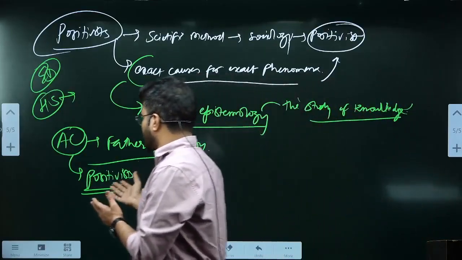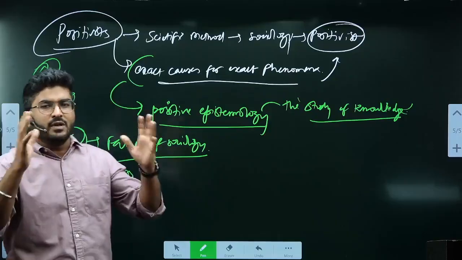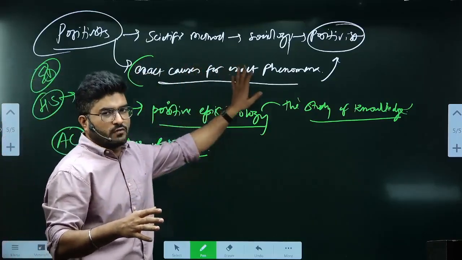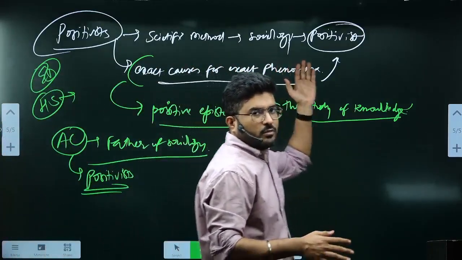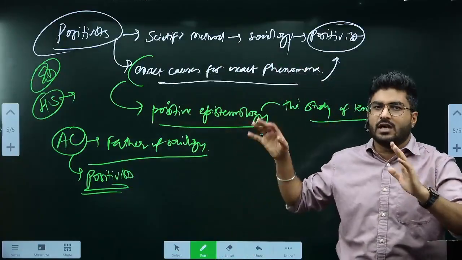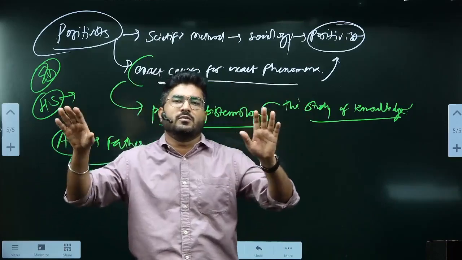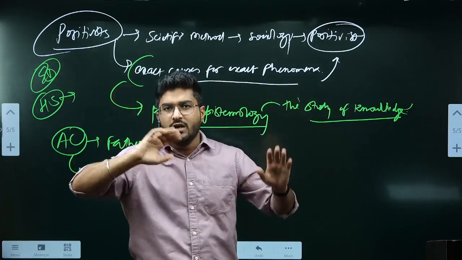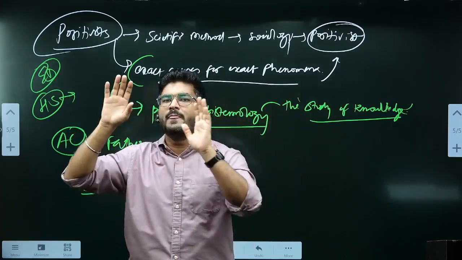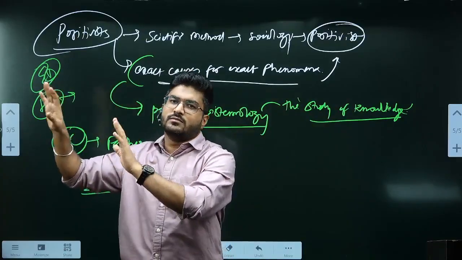Now, for Auguste Comte, the time period during which this positivist school of thought was brought up, as I told you earlier, was the time of the scientific revolution, the industrial revolution, modernization, and enlightenment, where we talk about reason, rationality, secularism, and all.